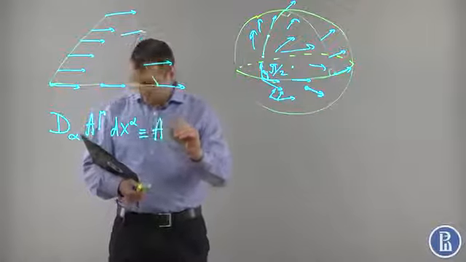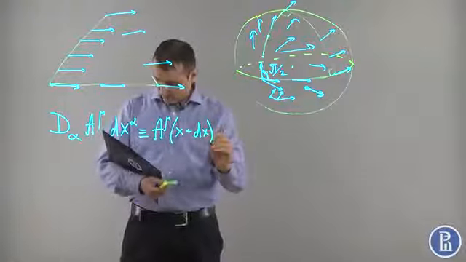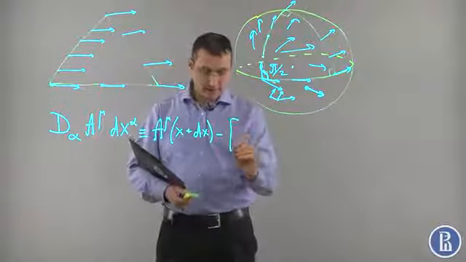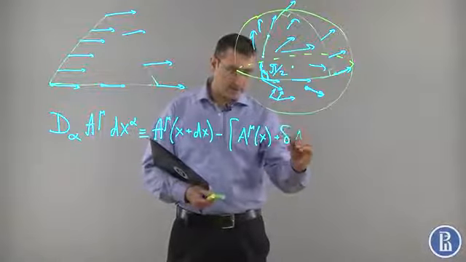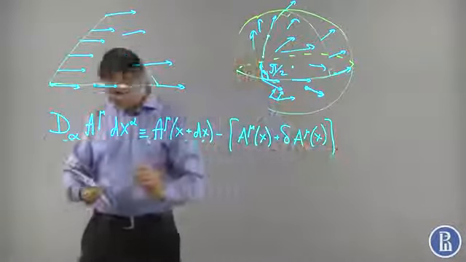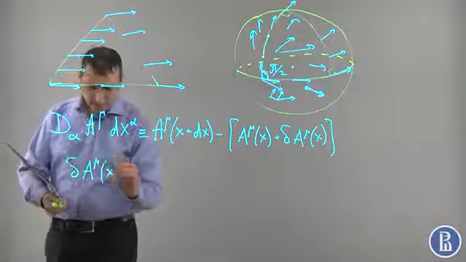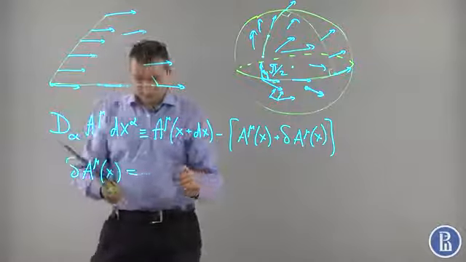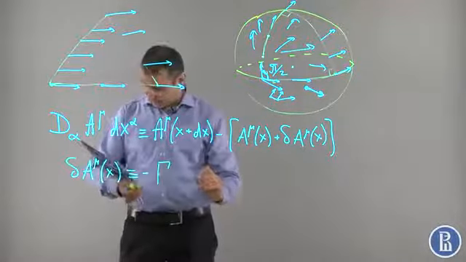A_mu(x+dx) minus [A_mu(x) plus delta A_mu(x)], where delta A_mu(x), as I defined to you, the result of the parallel transport, is some rotation with the use of the connection.